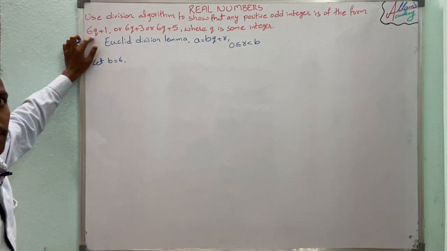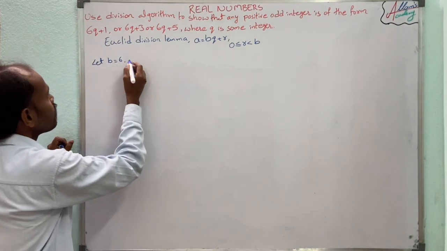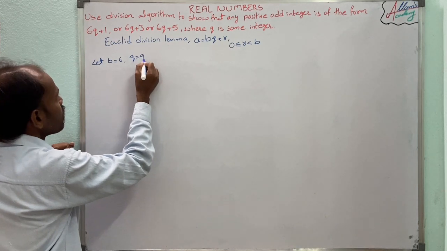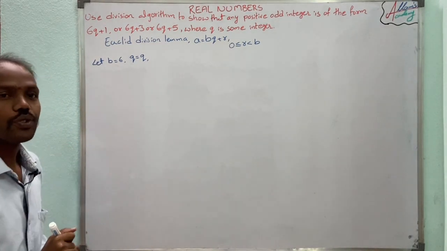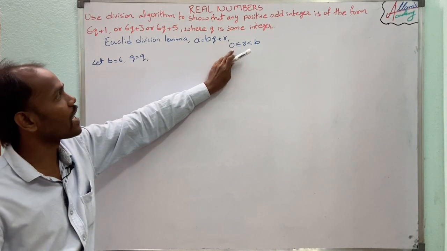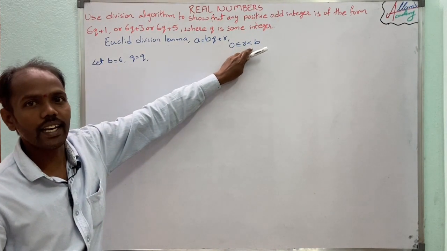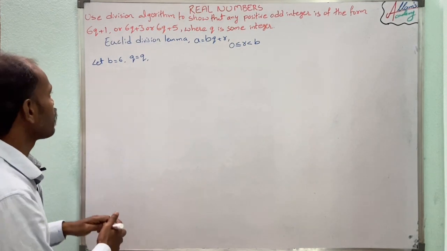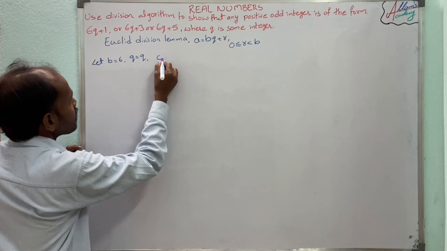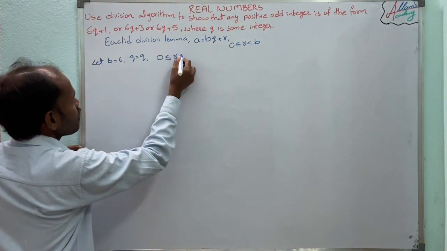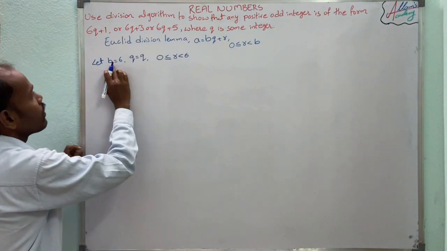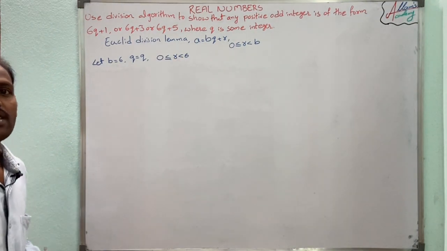The Q value is an integer, so we take it as Q. And here we know the remainder R lies between 0 less than or equal to R less than B, and B is 6.